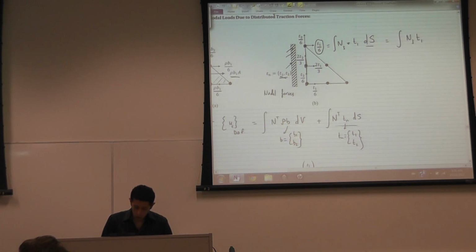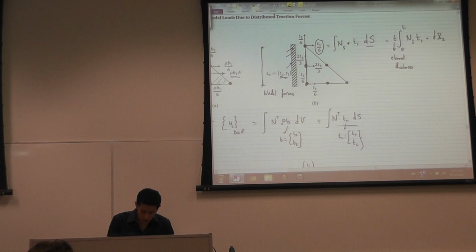T1 is the horizontal component, T is the element thickness, ds is dx2, integrated from 0 to L.